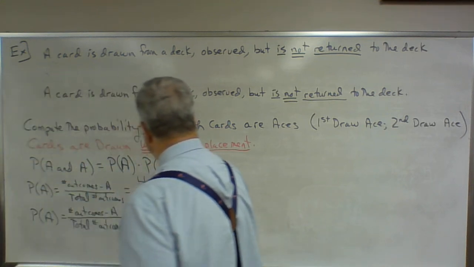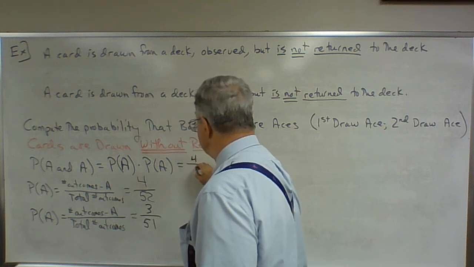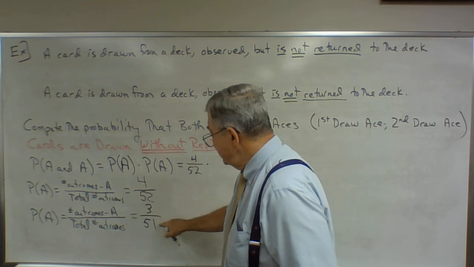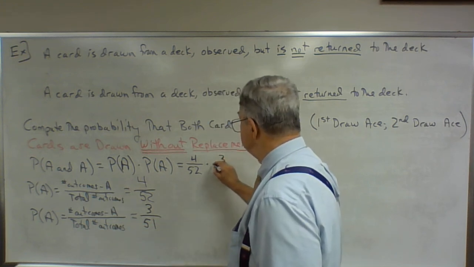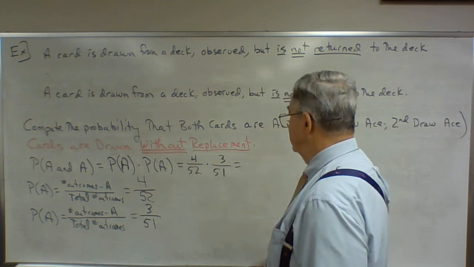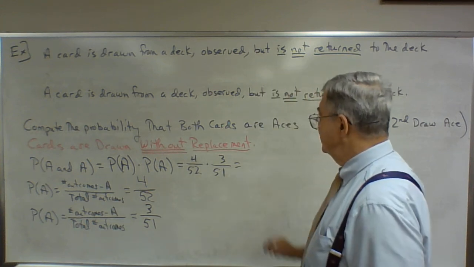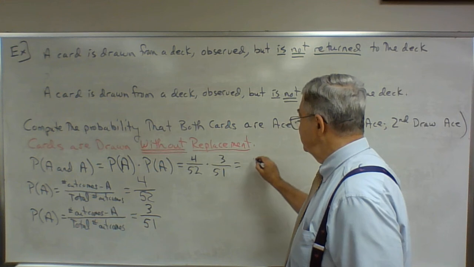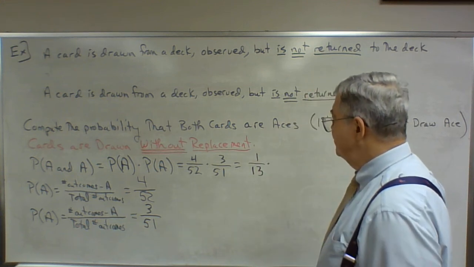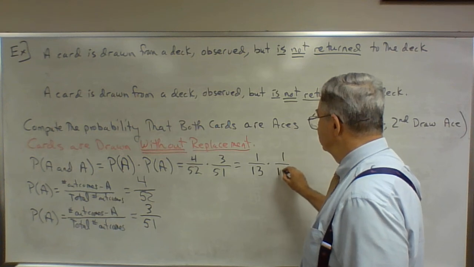The first stage, the probability is 4 over 52. The second stage, the probability is 3 over 51. And I'm going to cancel here. 4 over 52 is 1 over 13. And 3 over 51, I think, is 1 over 17.